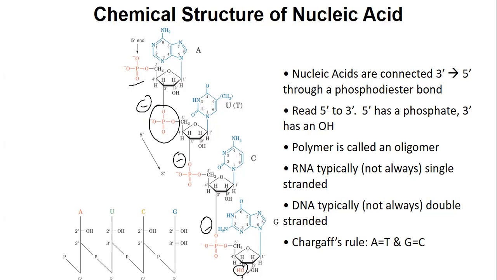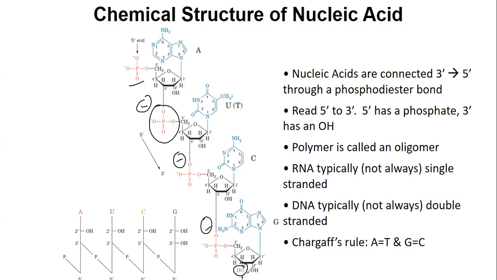RNA, typically single-stranded, not always. There's double-stranded RNA out there. DNA, usually double-stranded, not always. There's a lot of examples of single-stranded DNA. And in most organisms, we follow Chargaff's rule, where the amount of A in your cells equals the amount of T, the amount of G equals the amount of C. That's because of hydrogen bonding.